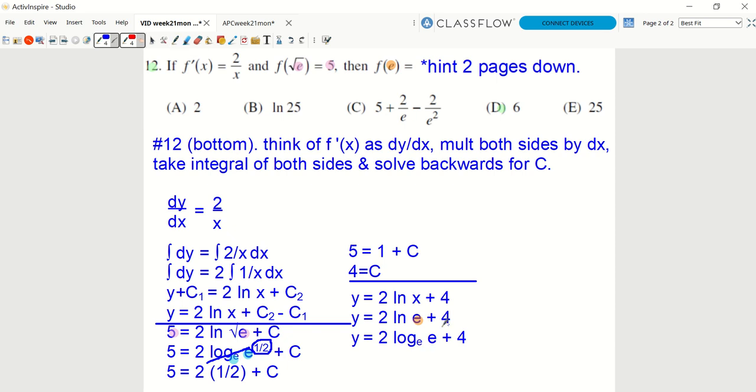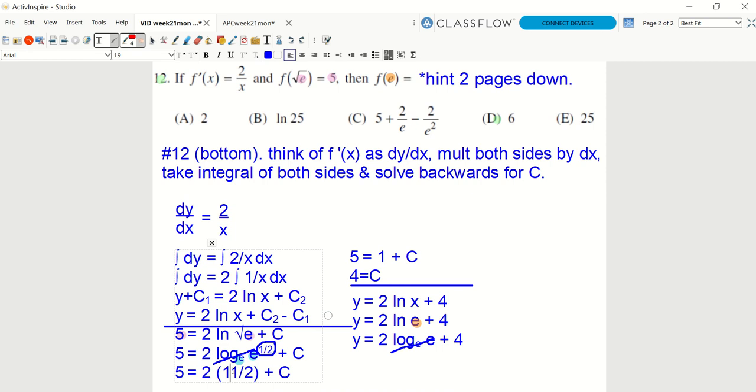This cancels and becomes 1. So technically, it's 1 times 1/2, which is still 1. So this becomes a big fat 1 right here. 2 times 1 plus 4 is 6. Therefore, your answer is 6.